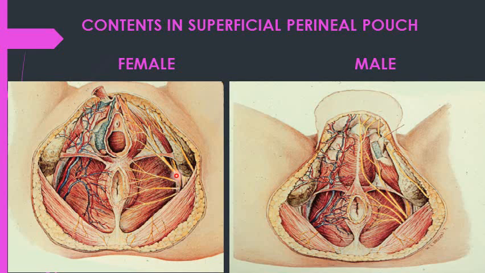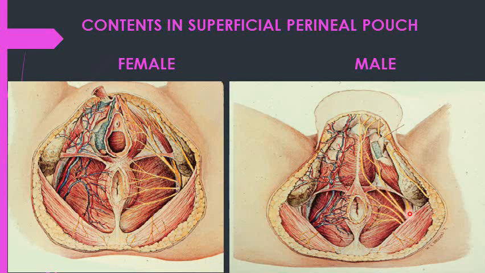First of all, the nerve, which is the perineal branch of the pudendal nerve, is going to give three sets of branches: the posterior labial nerve, the nerve to the bulb of the vestibule, and the muscular branches which supply these muscles.